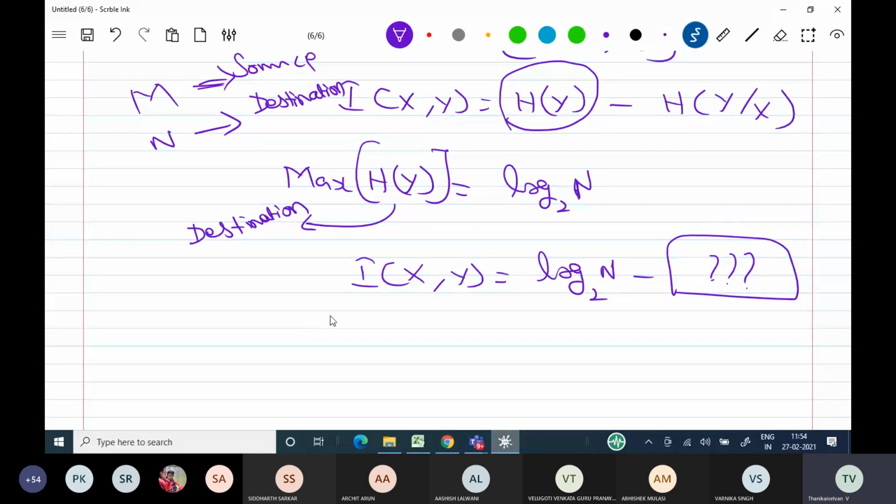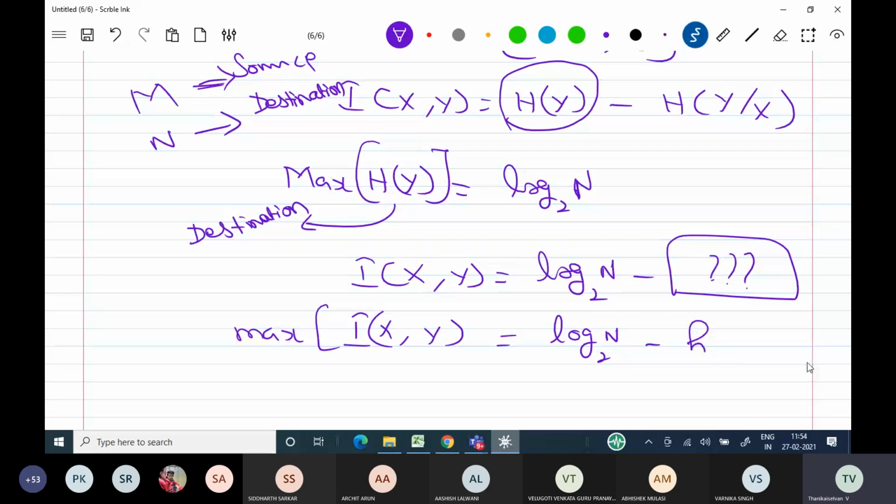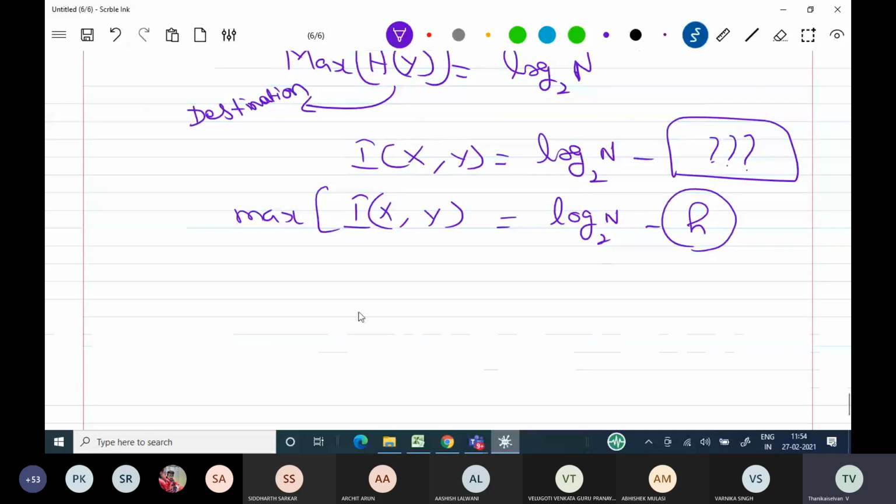I am putting this maximum of I(X;Y), our channel capacity, as log N base 2 minus H. This is the formula. What does this H mean?